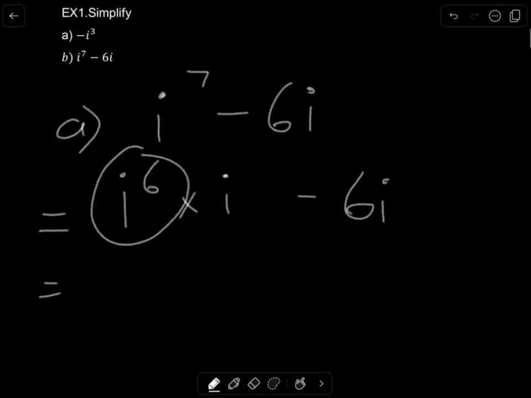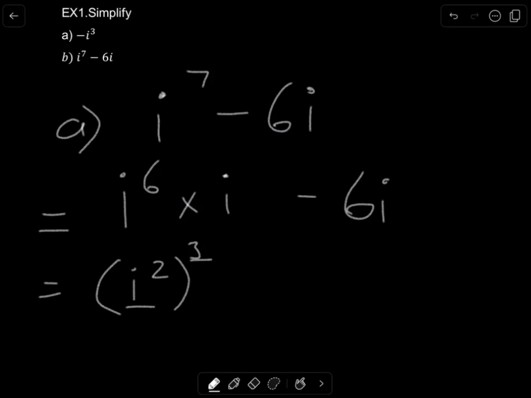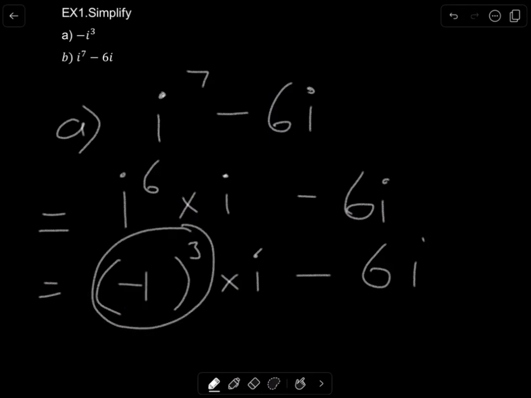Now i to the 6, we can write that as i squared to the power 3. So it's i squared, then cubed. Using the law of exponents, this will become 2 times 3, that's 6. That's why we have i to the 6. And then it's going to be multiplied by i minus 6i. Now again, i squared is equal to minus 1. So it's minus 1 cubed, that is going to be minus 1.